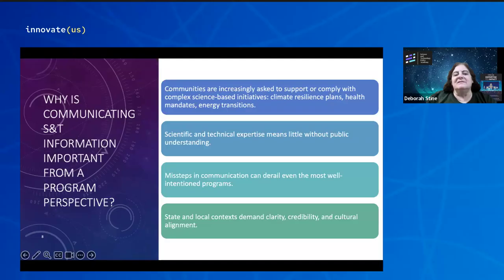Because we're asking people to do things, it's really important that we recognize that they are partners in the implementation of what comes out of scientific and technical information.